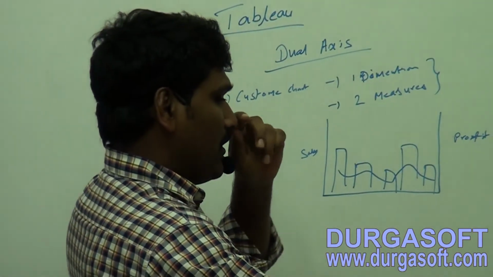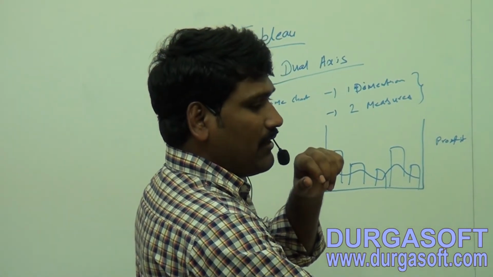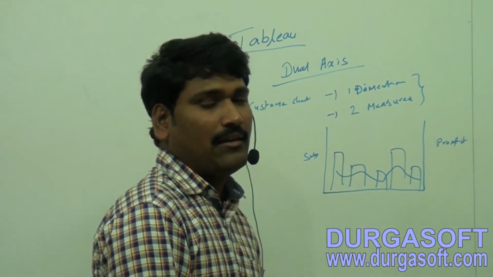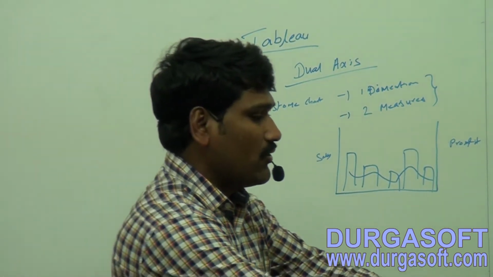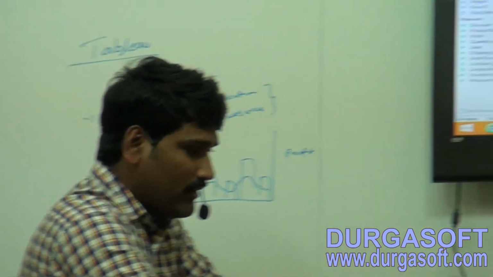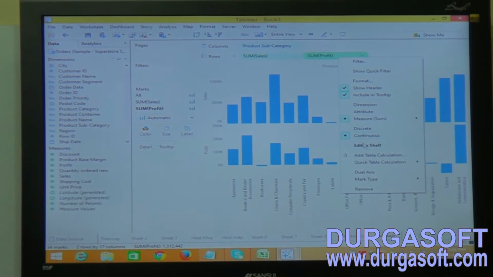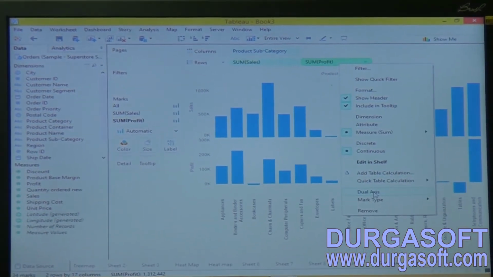Now let me combine the data. Let me create a dual axis by right clicking on the second measure. The second measure here is the profit. And click on dual axis.